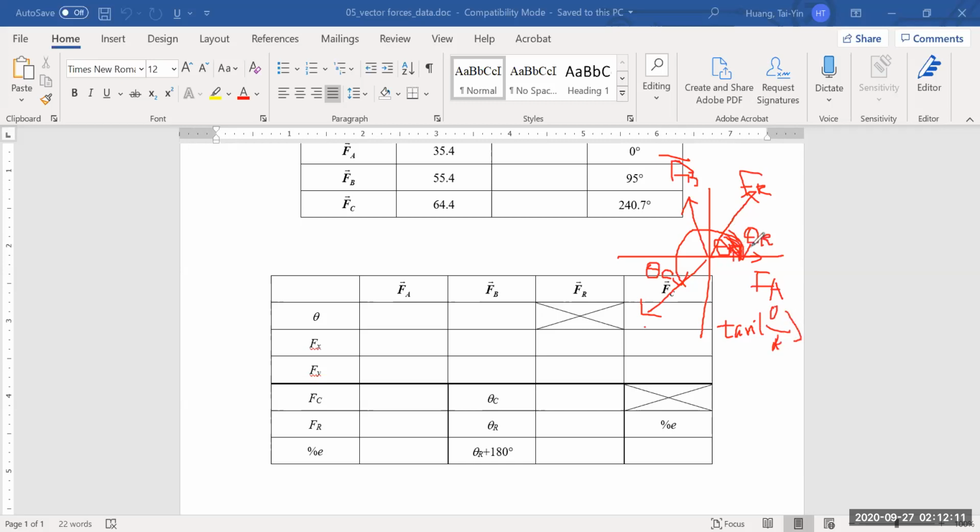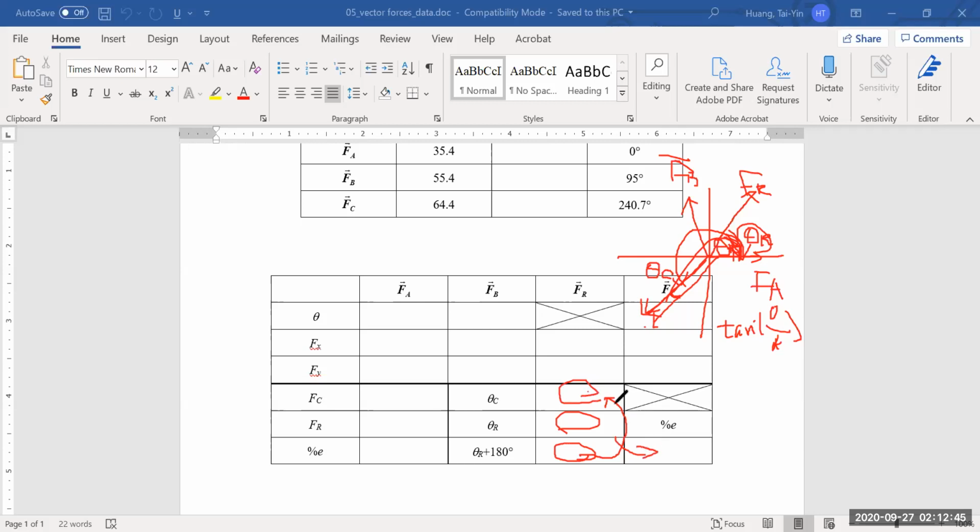And then in order for theta R to be comparable to theta C, which is pointing in the opposite direction, you have to flip FR in the same direction in order to find the difference. So to do that, you calculate your theta R, and then you add 180 degrees because you flip it, then you'll get this. So this is the angle that you're going to use to compare to theta C in order to get the percent error.